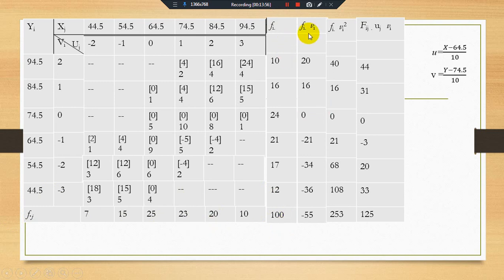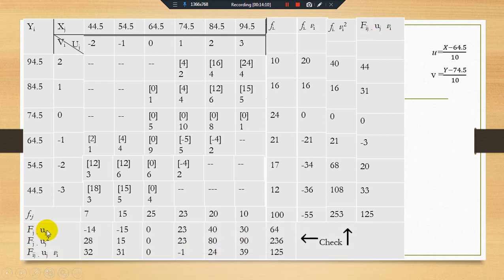Now we have to find FjUj, FjUj square and Fj. So this is the same, the last one is the same. So let's start. See FjUj.